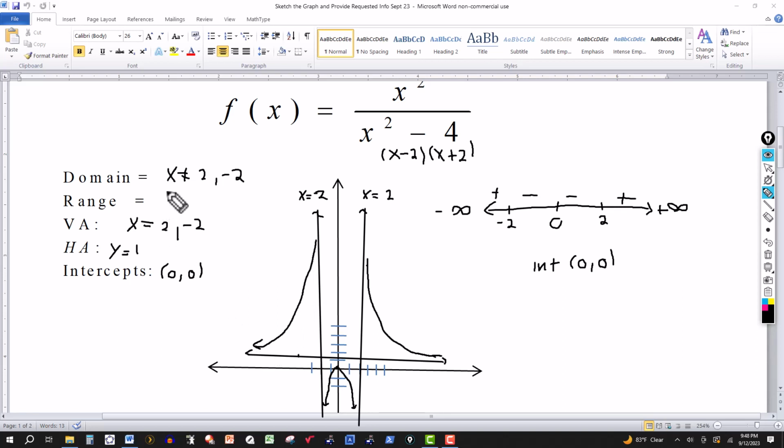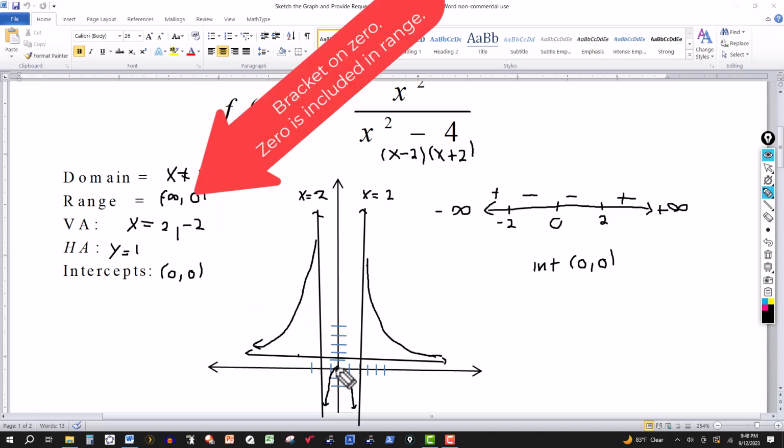So I'll draw the range this way. Starting from the bottom, negative infinity to 0, because the highest point in this section here is 0, 0, and then it goes down. So negative infinity and 0, and then union.